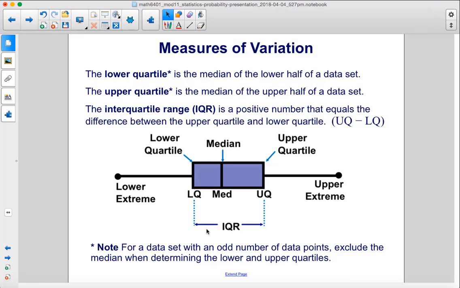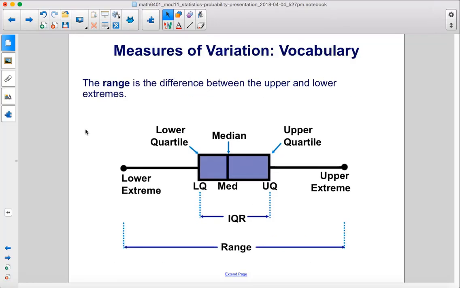So the IQR equals UQ minus LQ. Note, for a data set with an odd number of data points, exclude the median when determining the lower and upper quartiles. The range is the difference between the upper and lower extremes. So take the upper extreme, subtract the lower extreme, and that is your range.